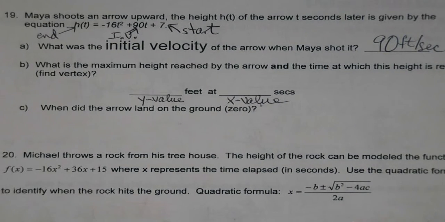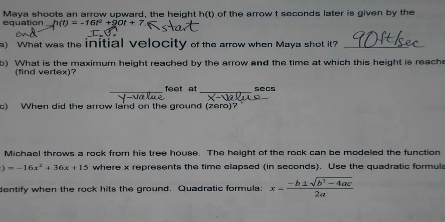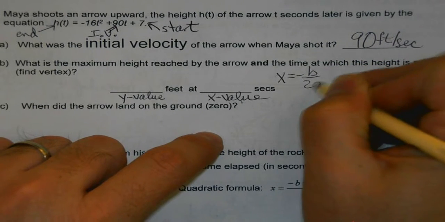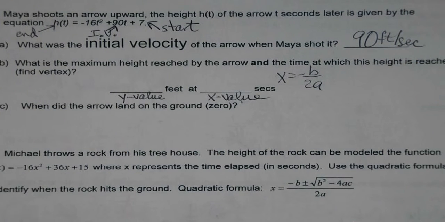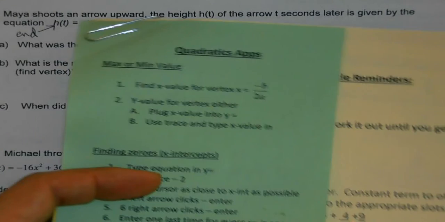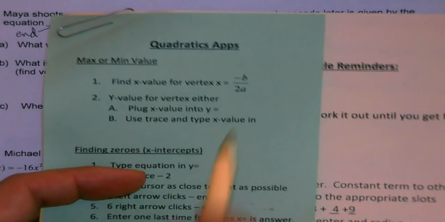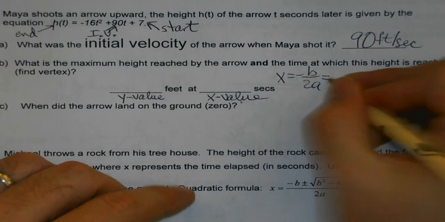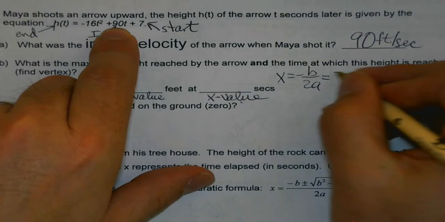What am I doing? Okay, for my vertex, I use my little formula, my negative b over 2a. Well, looky there. It's on my help. Okay? You've got the help there, but you've got to practice it so you know where to find it and where to use it. My b value is 90, so I want the opposite.